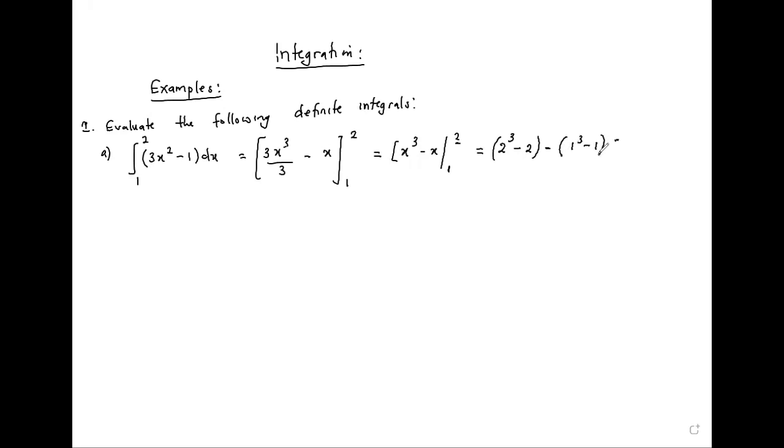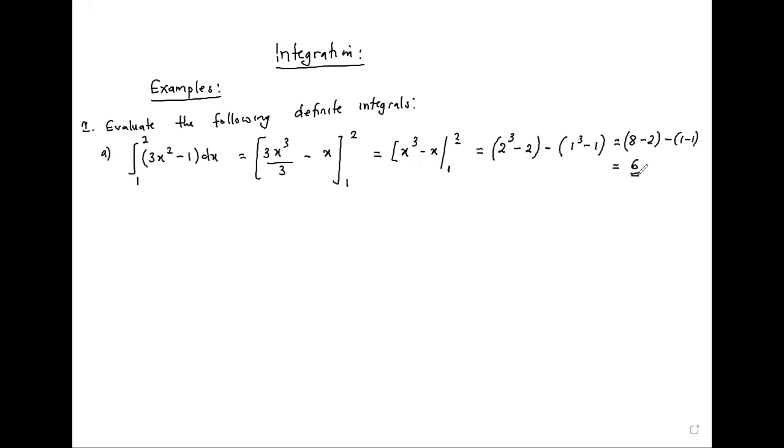Then simplify: 2 to the power 3 is 8, 8 minus 2, and then minus 1 minus 1. 1 minus 1 is 0, 8 minus 2 is 6.